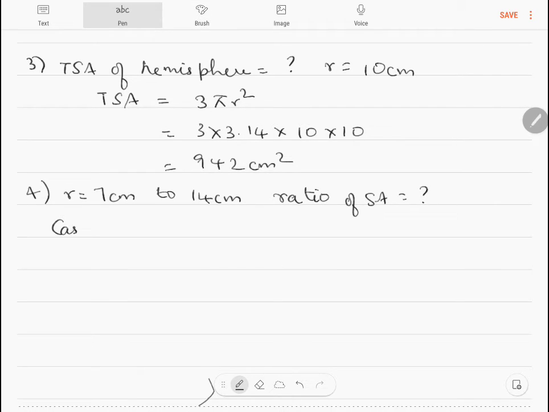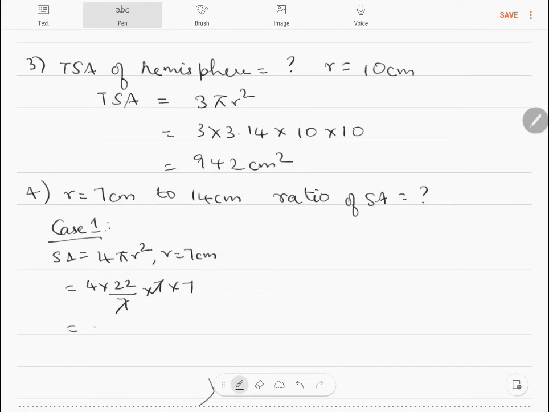So case 1, surface area is equal to 4 pi r square, which is equal to 4 into 22 by 7 into r, where r is 7 centimeters.